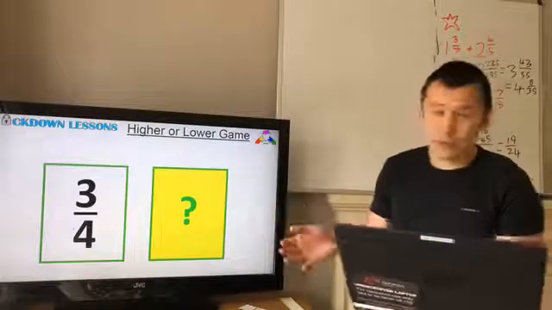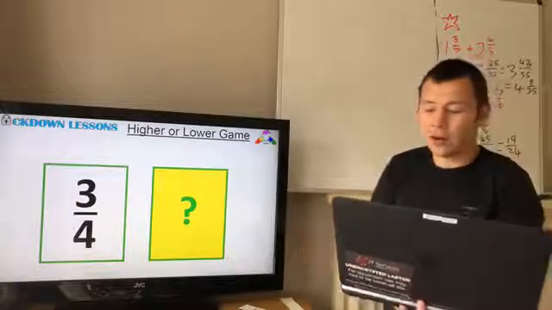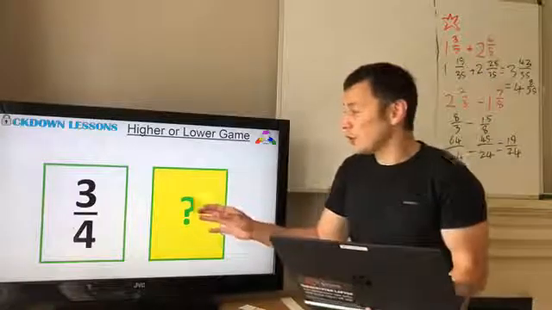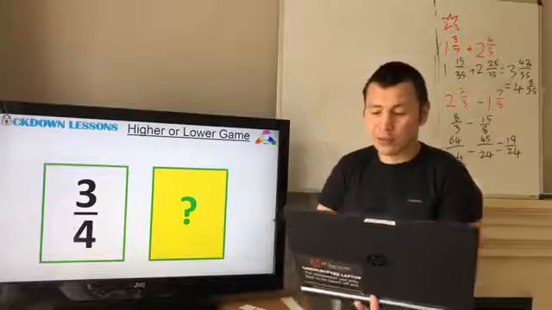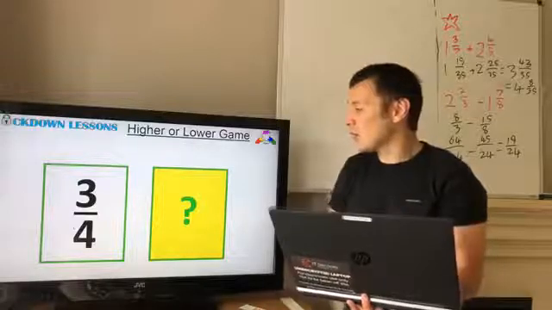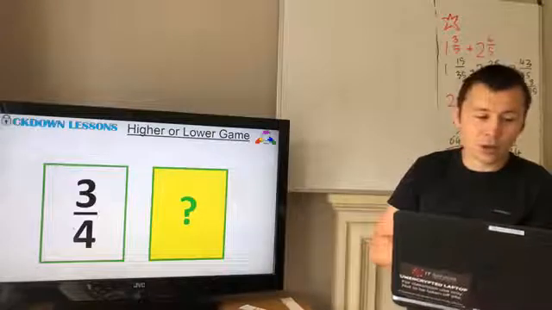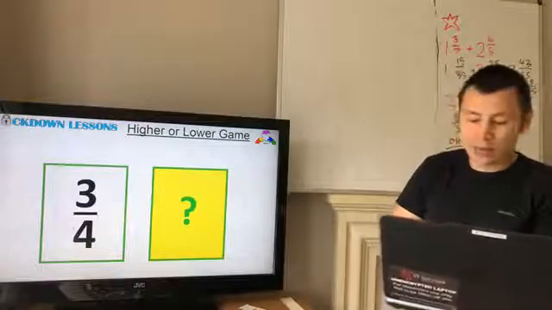I'm going to take the majority vote from the girls and the boys. We're going to go girls first. If you are a girl, I would like you to make a prediction. Do you think this card here is going to be higher or lower than 3/4?